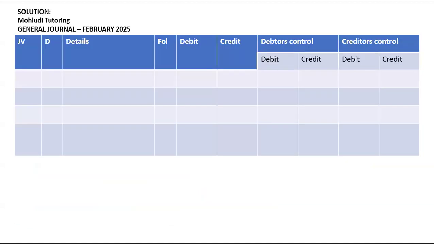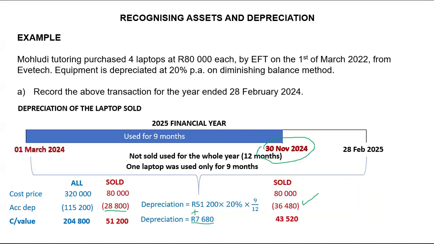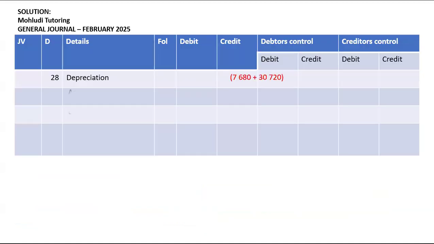When I record this in the current year, depreciation will be made up of the depreciation of the remaining plus the depreciation of the sold. So we'll debit depreciation with the sum of the two and credit accumulated depreciation with the sum of the two, which is the 8,400.